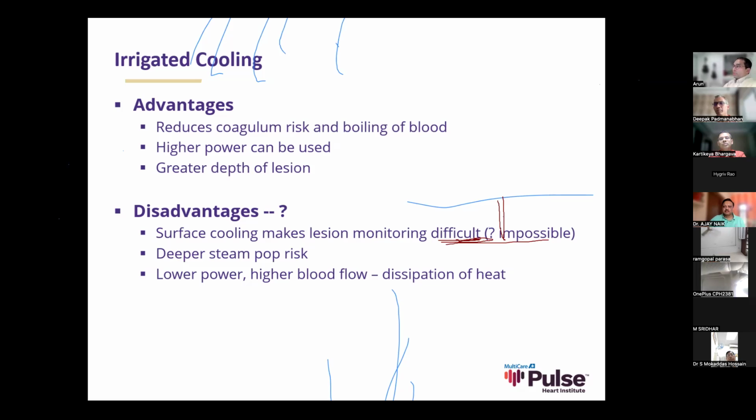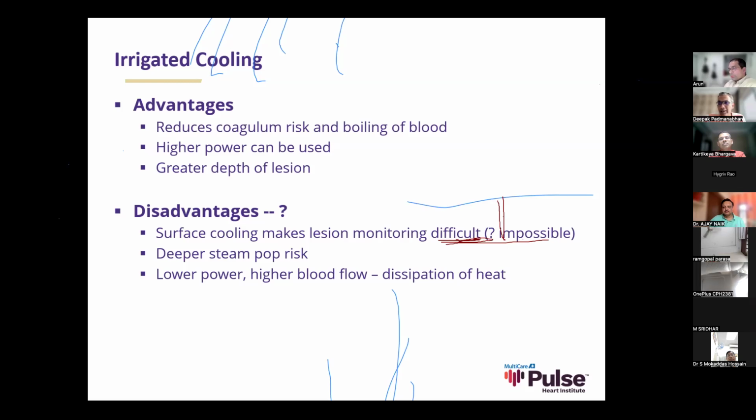Very interesting question. So you are asking if we can use the catheter temperature as a surrogate for contact, right? Yes, that would be possible with a non-irrigated catheter, as compared to an irrigated catheter. In the irrigated catheter, you would not be able to use the measured catheter temperature as a surrogate for contact.